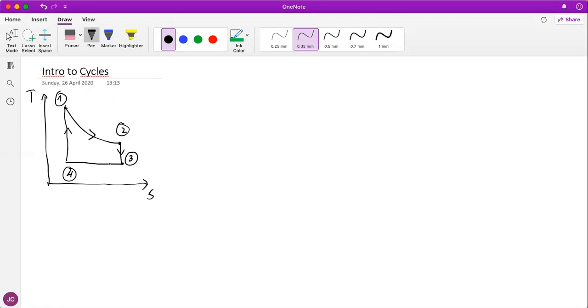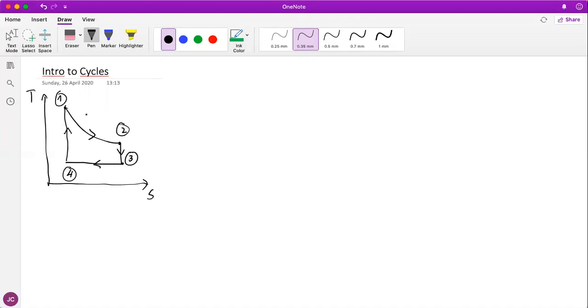So what you see here is exactly the diagram of a cycle. And the thing is to go all over the same states over and over again: one, two, three, four.